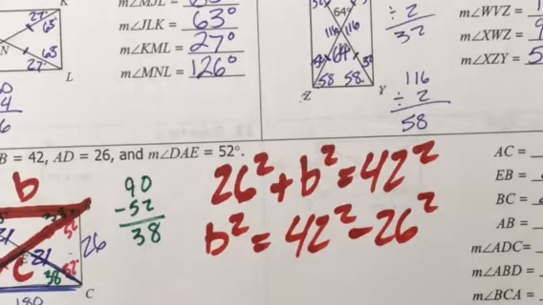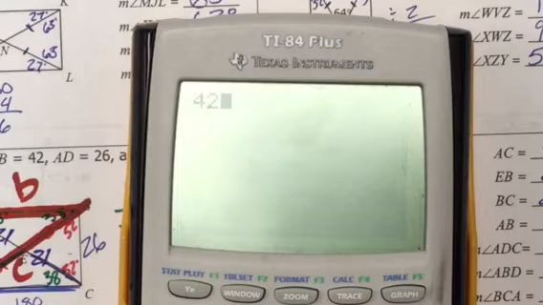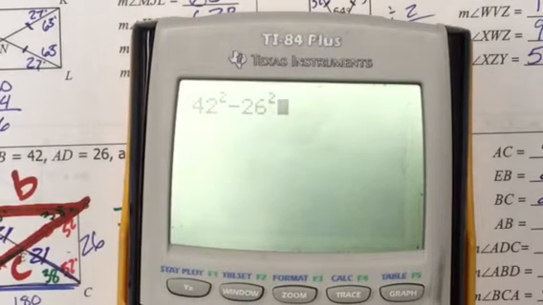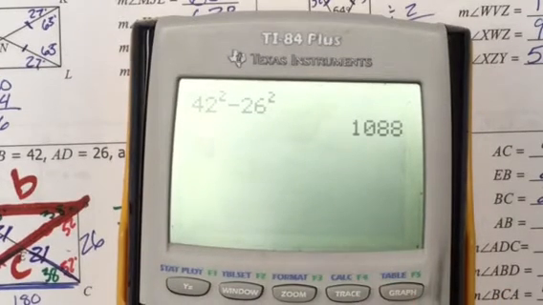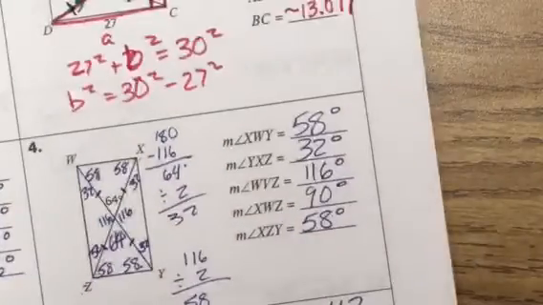So as I look down, I can take my calculator and say 42 squared minus 26 squared. Take the square root of that number, and we'd say that it is approximately 33 or 32.985.